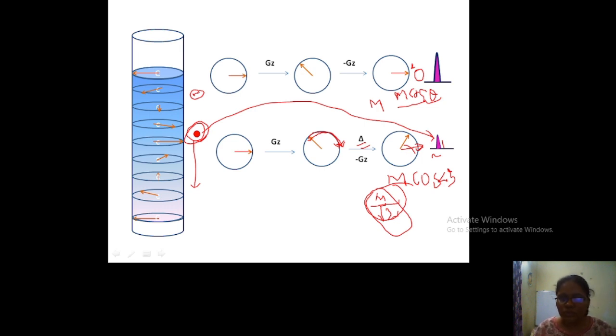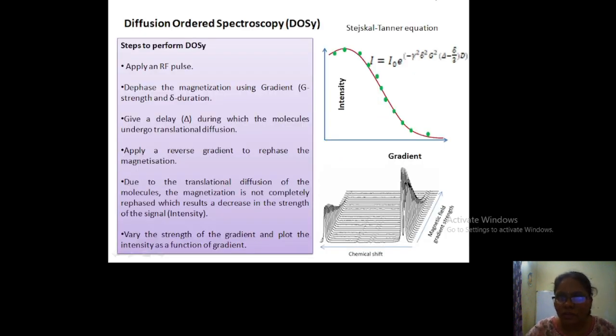There were two scientists, Stejskal and Tanner. What did they do? They established a mathematical relationship between the intensity of the signal and the diffusion coefficient. They performed this diffusion ordered spectroscopy at different gradient steps and looked at the intensity of the signal.